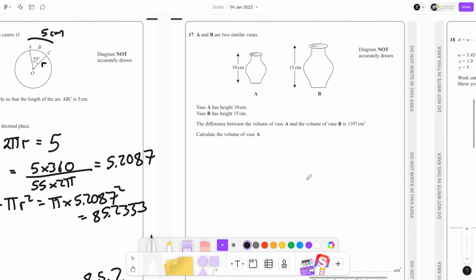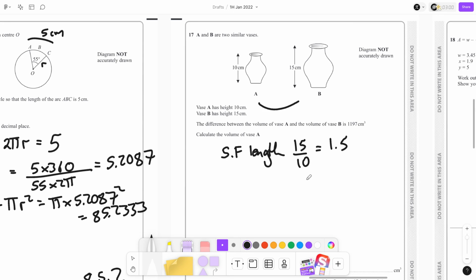Okay, A and B are two similar vases. Vase A has height this, vase B has height this. The difference in the volume of vase B and A is this. Okay, so we know the scale factor, the lengths A to B is 15 divided by 10, which is 1.5.